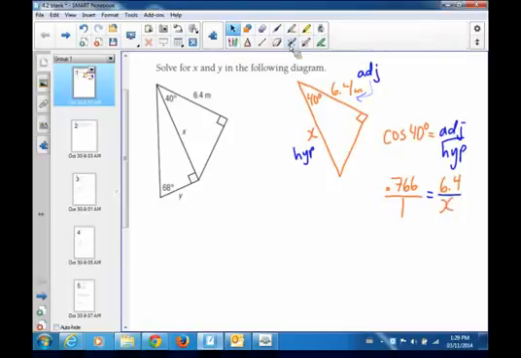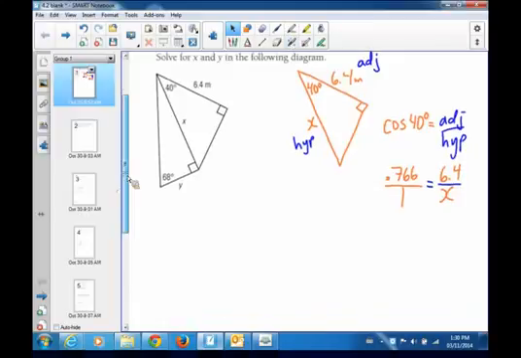Once you have this, cross multiply, divide by the lower. 6.4 times 1, divide by 0.766. Good. 8.355, let's round it to 8.4 then.